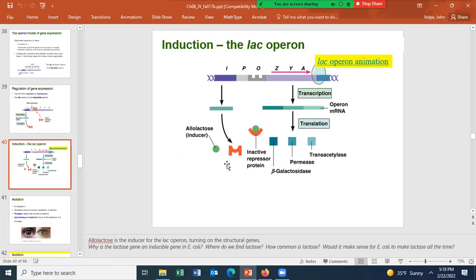But if the sugar lactose is around, then we'll have allolactose, and it will bind to the repressor protein, so that when the repressor protein comes off of the operator, it will bind to allolactose and then be inactivated, and that will turn on the gene.